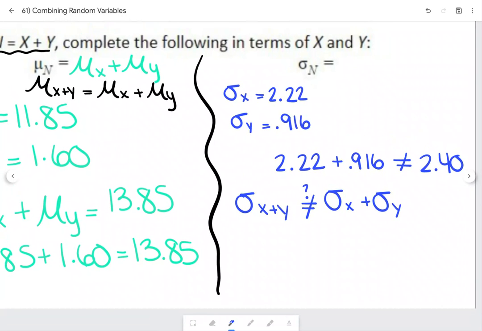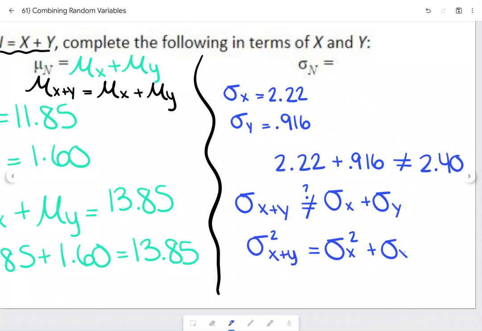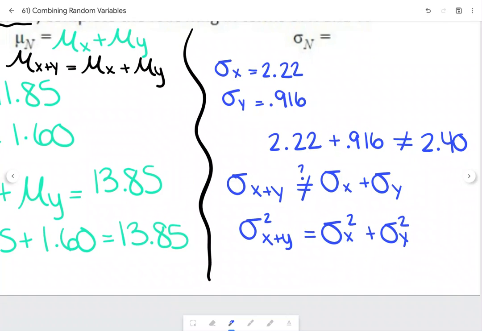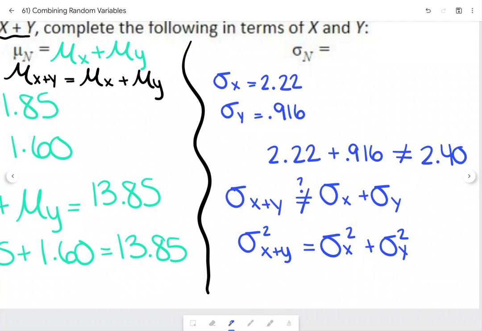Instead, what's happening is we are taking the standard deviation of x squared and the standard deviation of y squared, and then we're square rooting both of those.